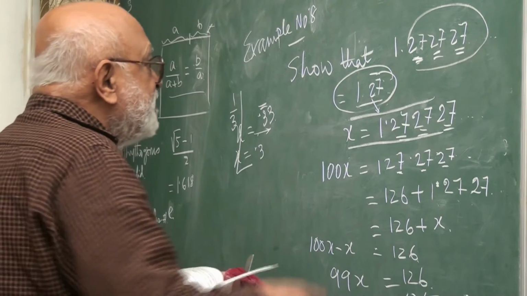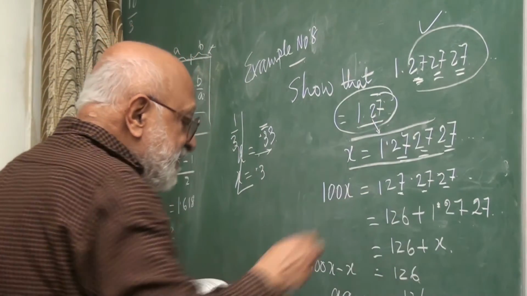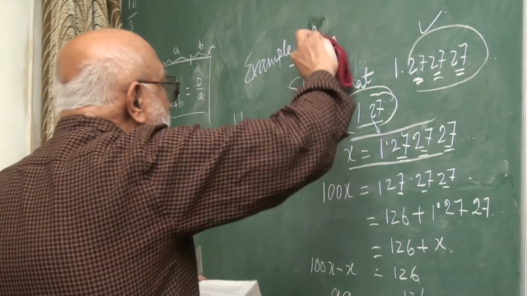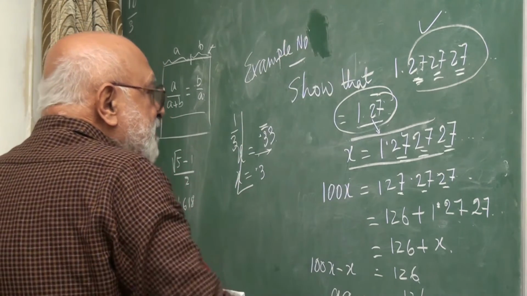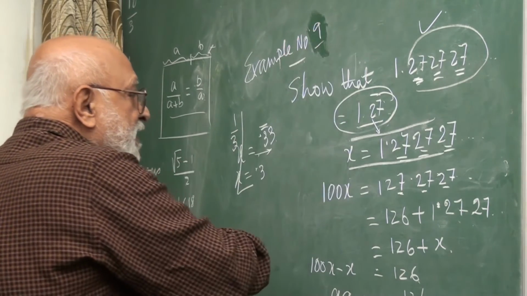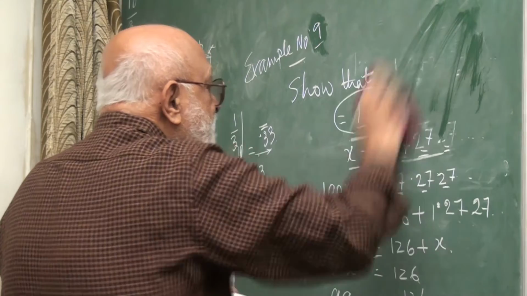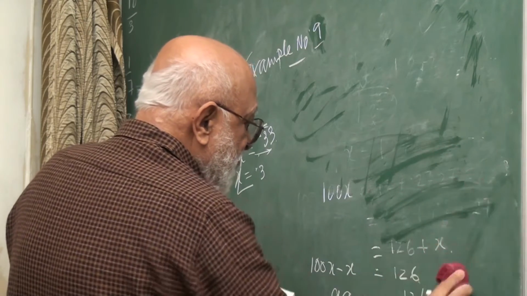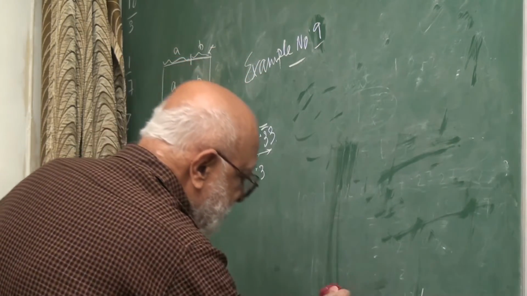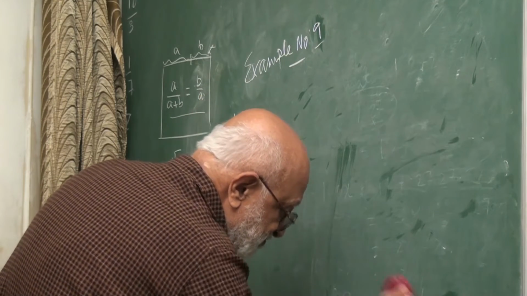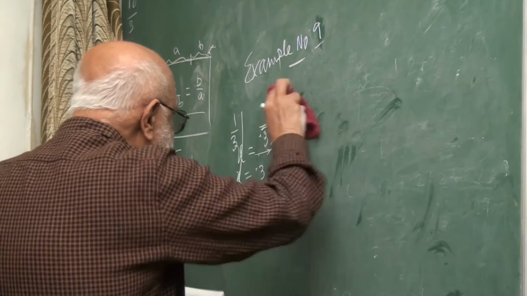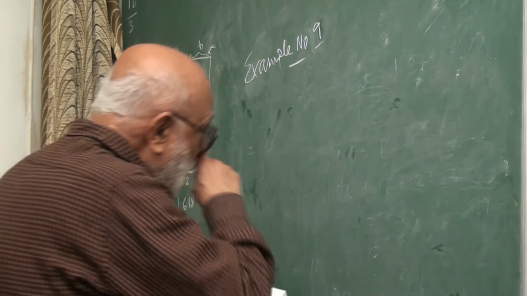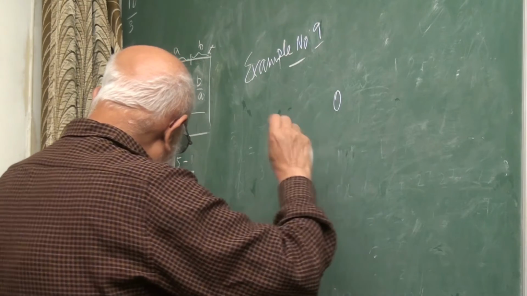The next question, that is example number 9, is a little bit different. Here, mantissa will not be there.